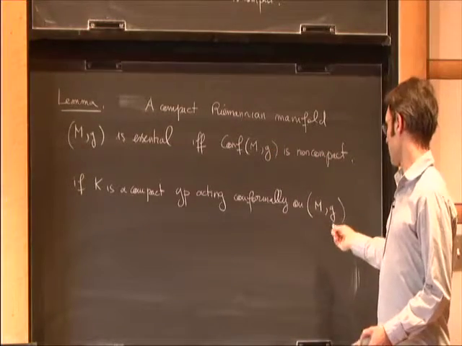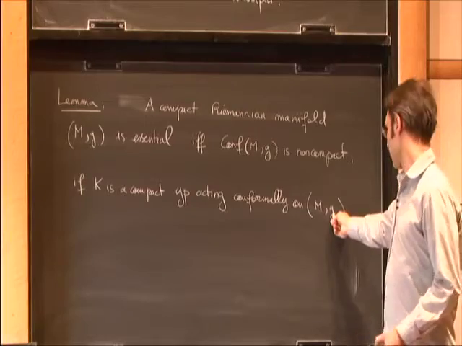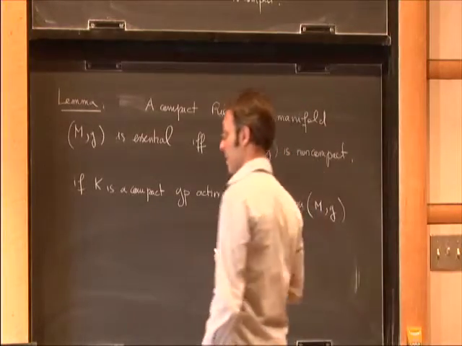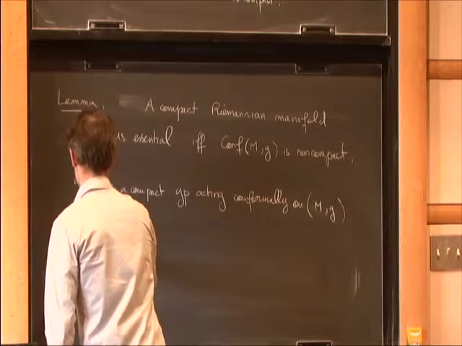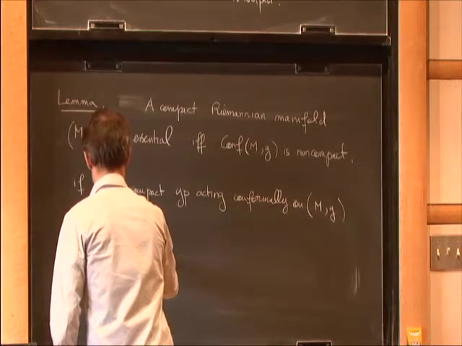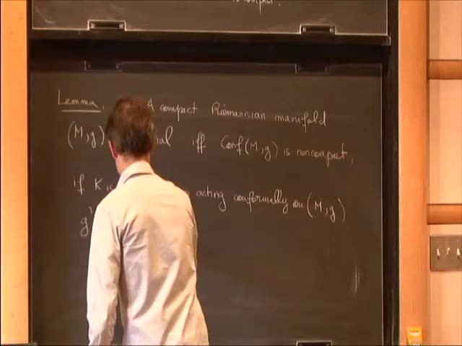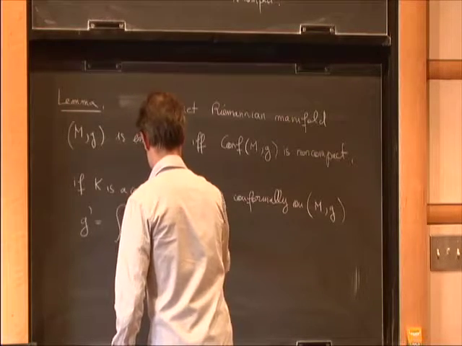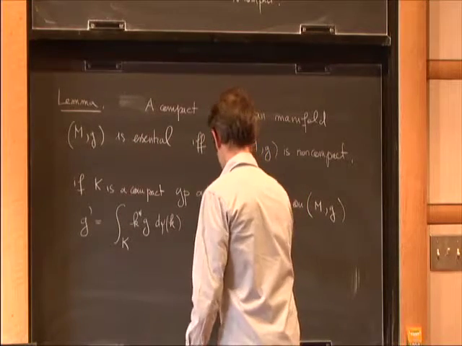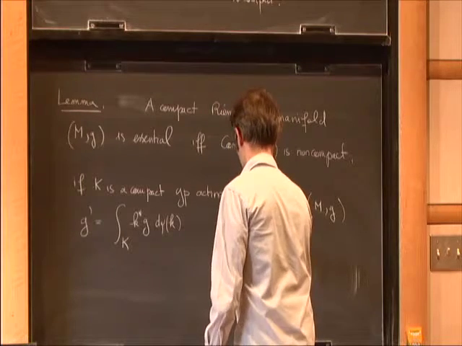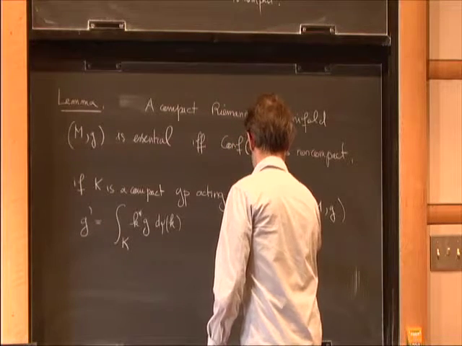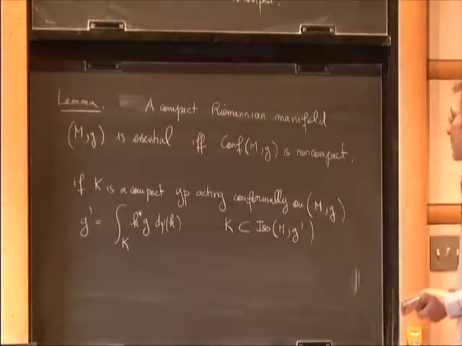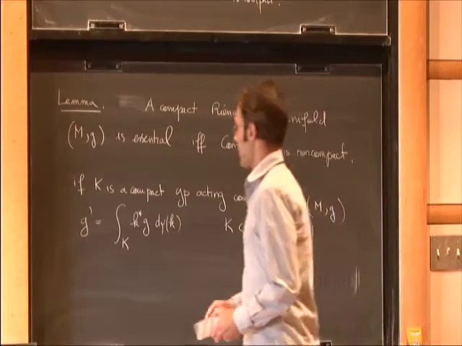A way to do it is to pick any metric in the conformal class, for instance g, and you take the mean under the action of K. So you build the metric g', which is the mean under the action of K of the pullback of g, and you integrate with respect to the Haar measure of your group. And by the very definition, you get that K is included in the isometry group of g'. Okay? So that's why we have this equivalence.